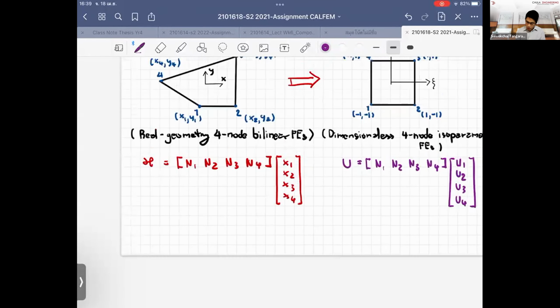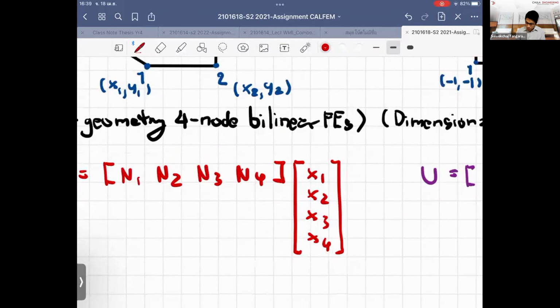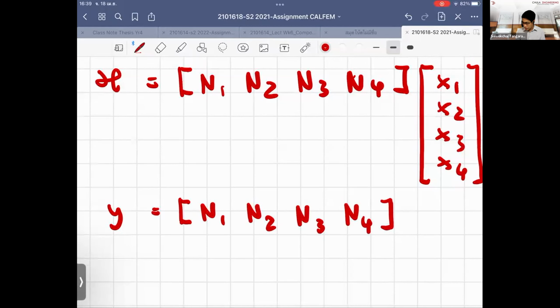So we have the coordinates in X and Y, right? So you just repeat them for X and Y. And we normally use the same shape function for the coordinates X and Y, and also for the displacement in X and Y as well.